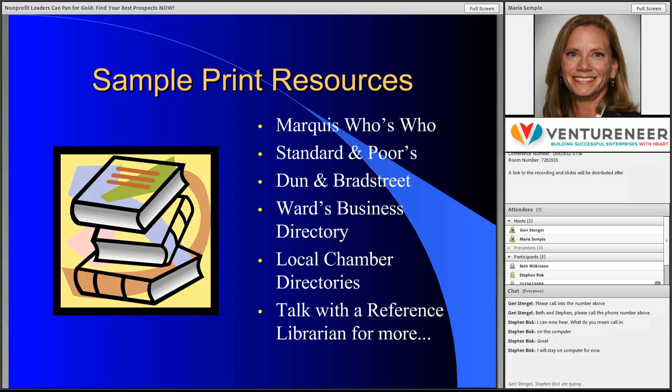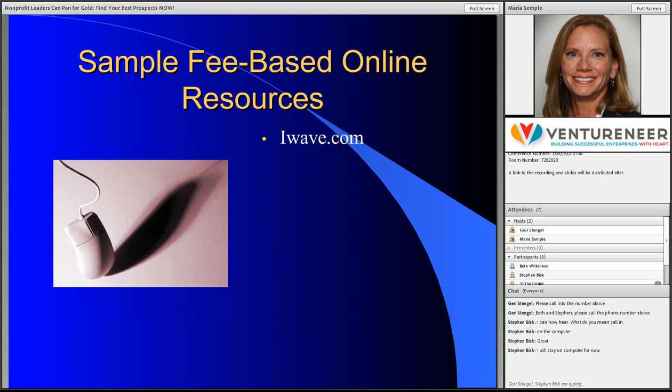and instead of asking, gee, does anybody have any connections to a family foundation in our community, wouldn't it be better for you to proactively pull together this list of family foundations with trustee names associated with them, put that on the table, and then say to the development committee, I've identified 56 new family foundations in our community.